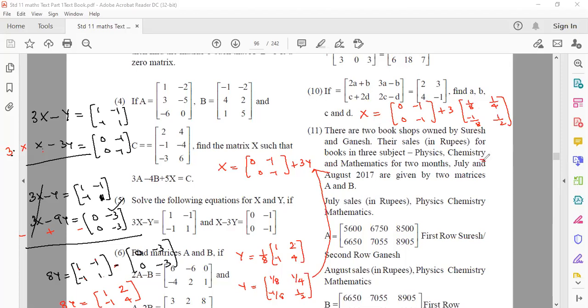Since I don't have much space to write, I'll have to manage it here. 0 plus 3 by 8, that is 3 by 8. Minus 1 plus 3 by 4 is minus 1 by 4. 0 minus 3 by 8. Minus 1 plus 3 by 2 is 1 by 2.